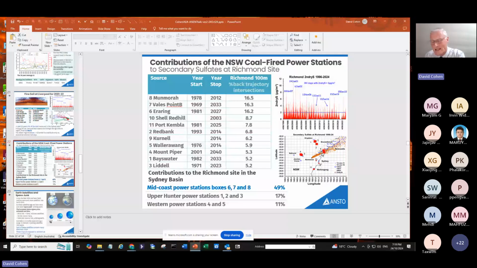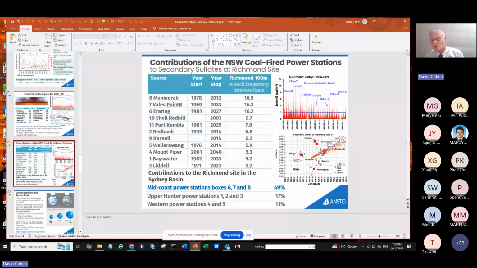Now there's a statistical technique, if you've got enough data, called PMF, positive matrix factorization. It takes your mass and splits it into each of these sources that statistically vary in multidimensional space, and that will separate out the sea spray source and the power station source.